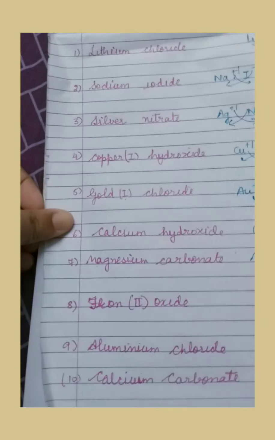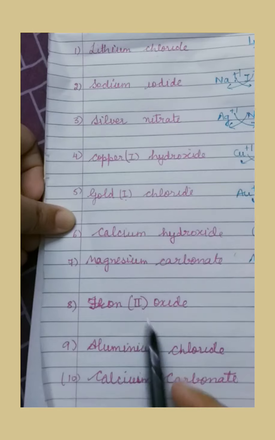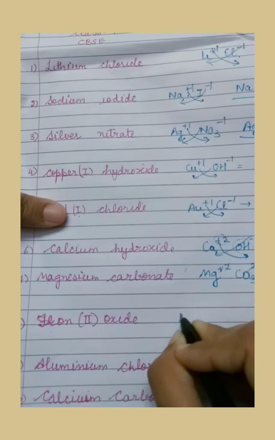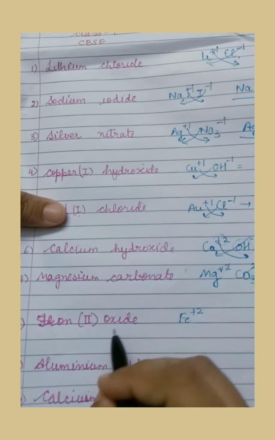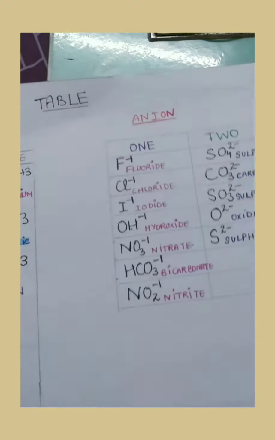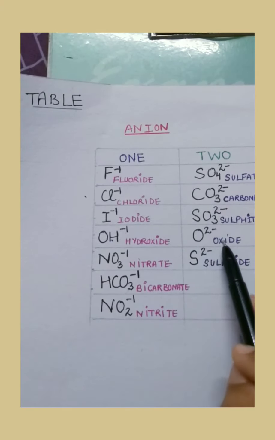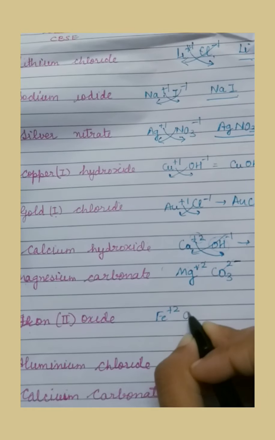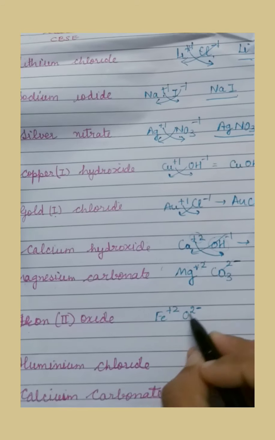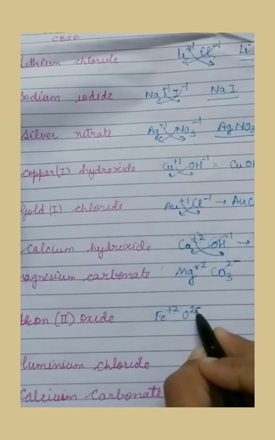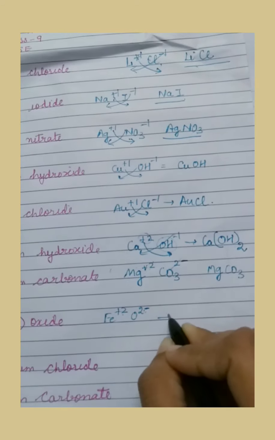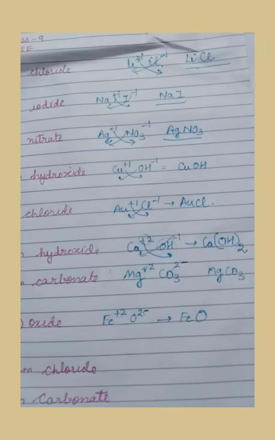Since it is written iron 2, I will take the valency of iron as plus 2, and oxide, if you remember, is O2 negative, so you will write O2-. Since again the valencies are the same, this will cancel out and the formula is FeO.